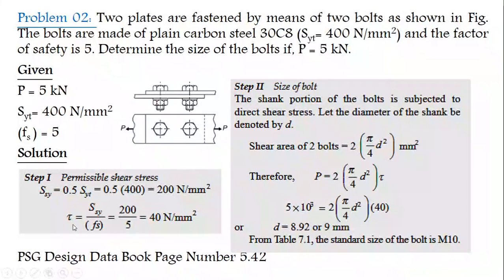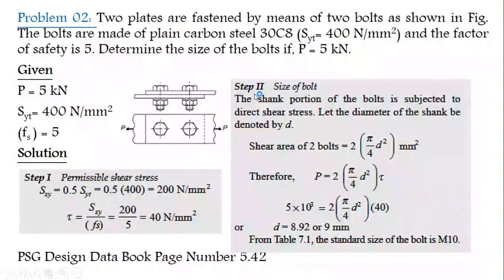Tau equal to Ssy divided by Fs. Shear strength equal to 200 Newton per millimeter square divided by factor of safety 5. You can apply this value to this formula and get 40 Newton per millimeter square. The permissible shear stress is 40 Newton per millimeter square.